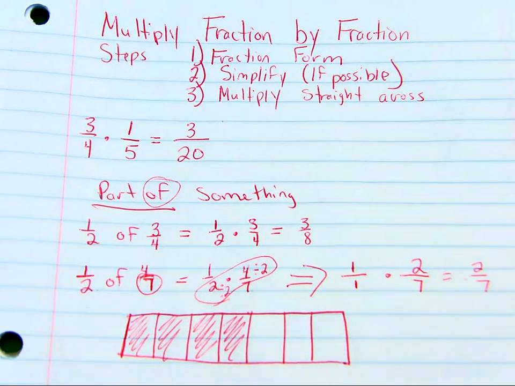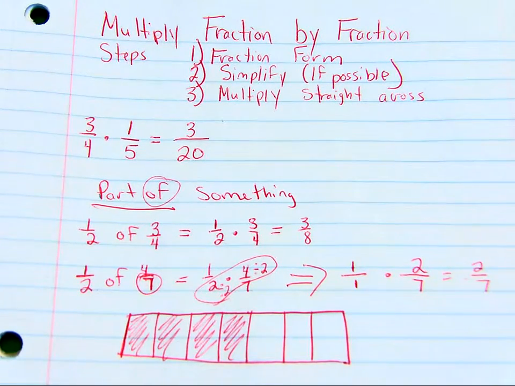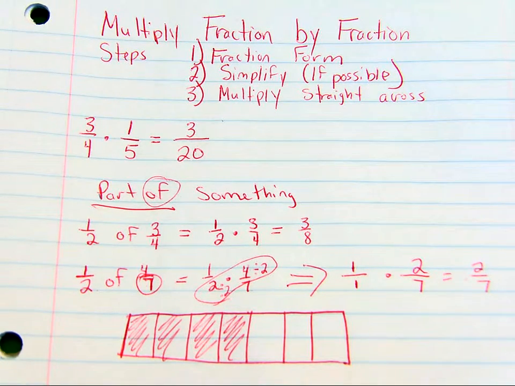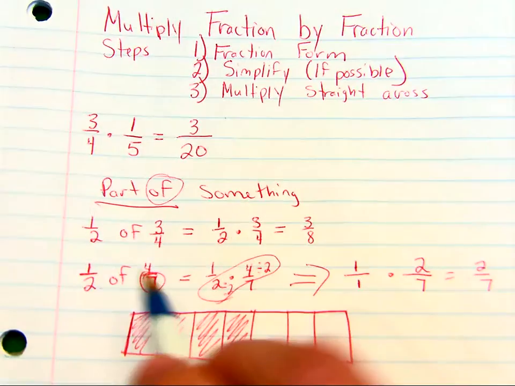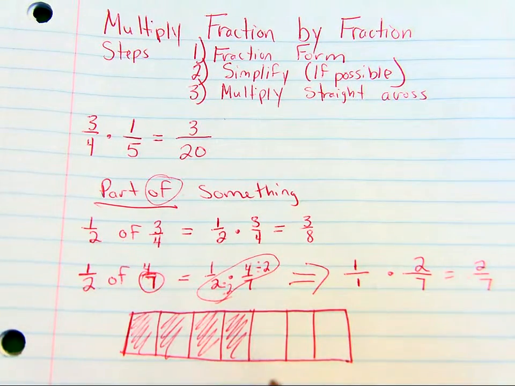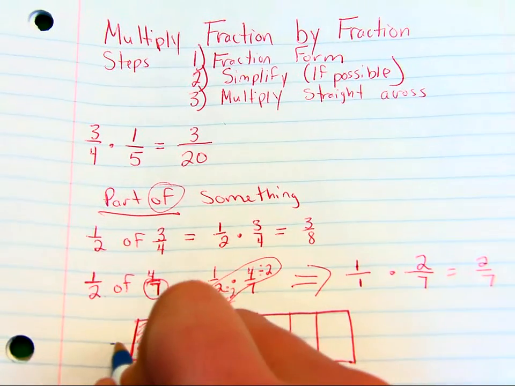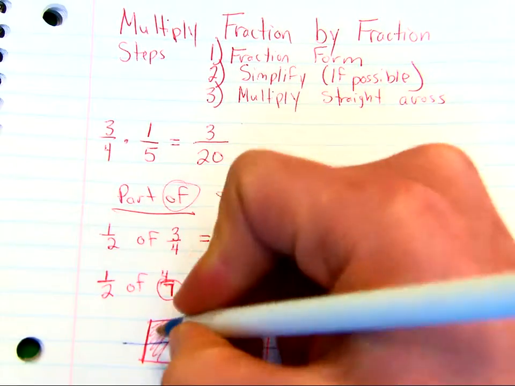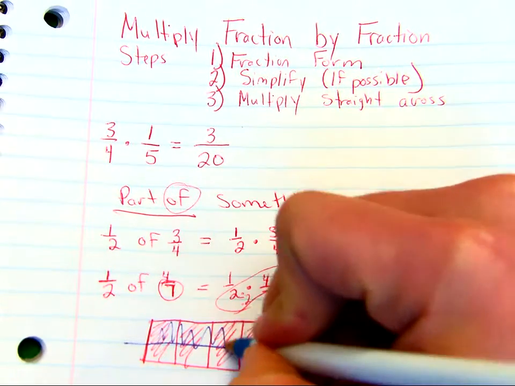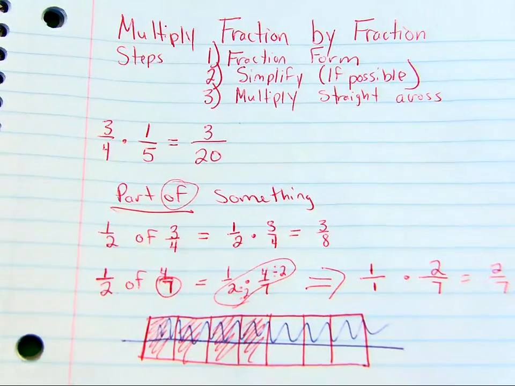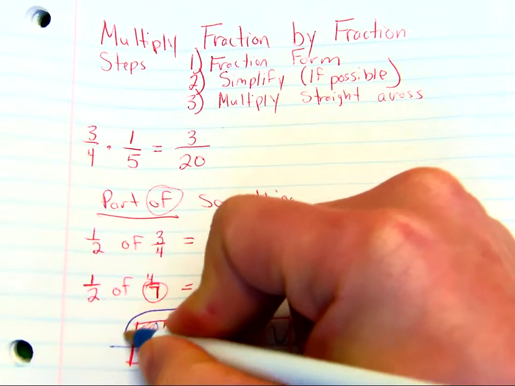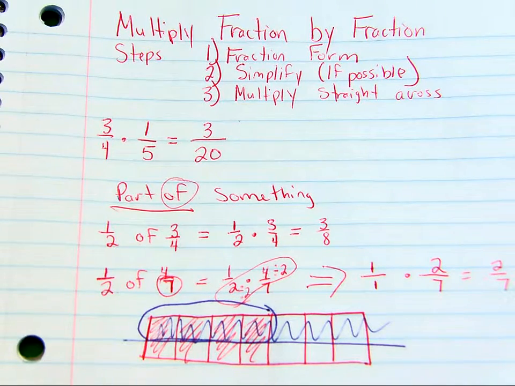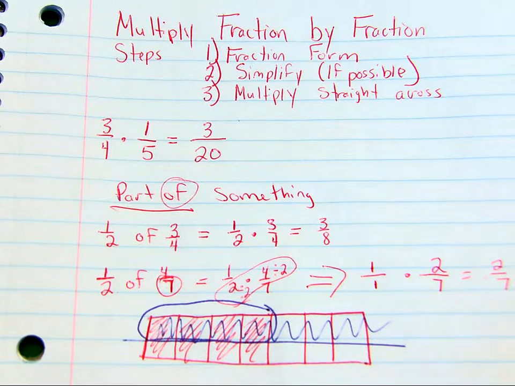Okay, now I need to get half of this amount. So I could do 2 things, right? I'm going to do it this way and say I'm going to break it in half, and I'm going to shade in 1/2. My overlapping is what the answer is. This is half of the 4/7.